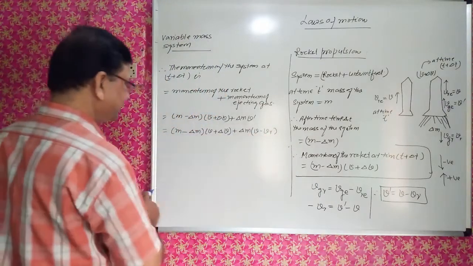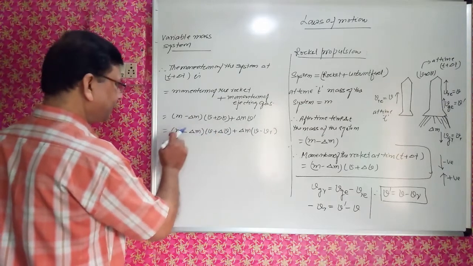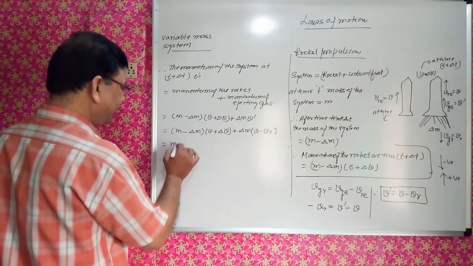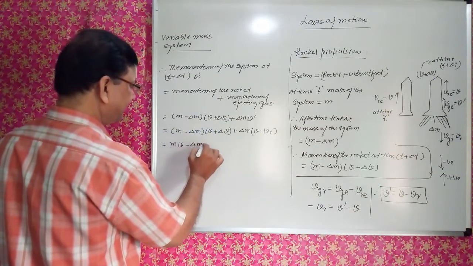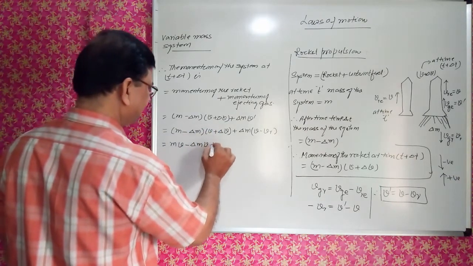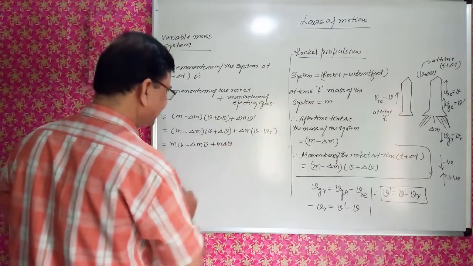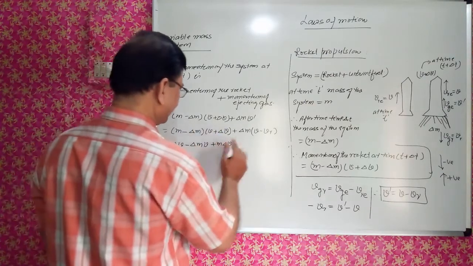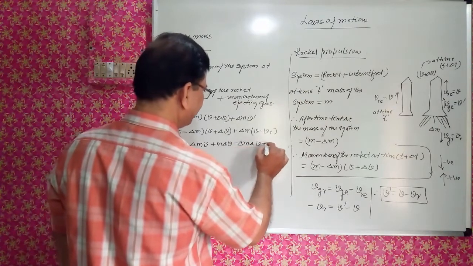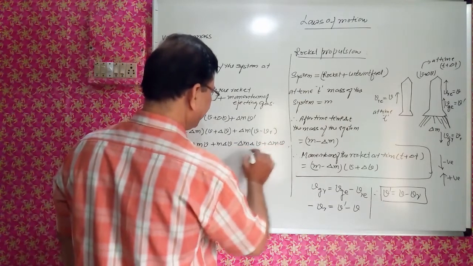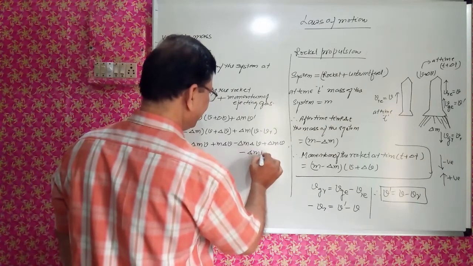So we can simplify this: mv minus delta m v plus m delta v minus delta m delta v plus delta m v minus delta m vr.